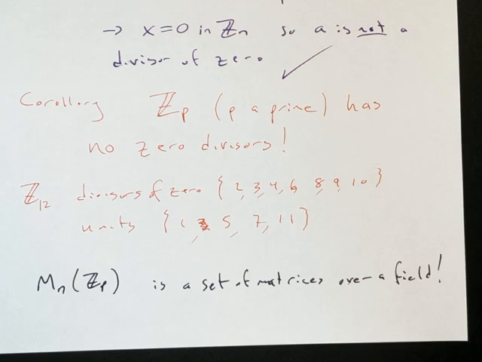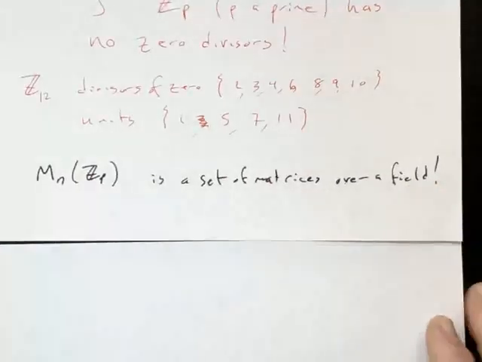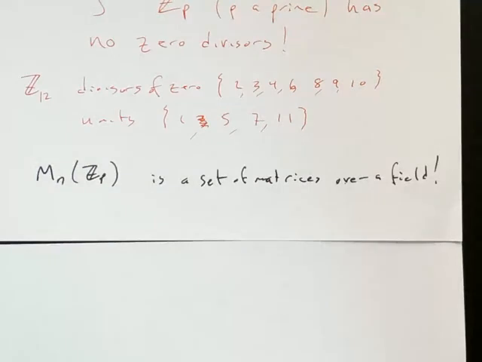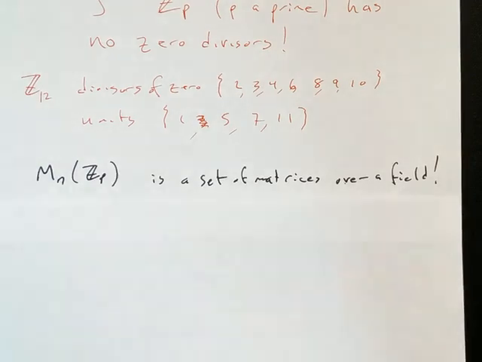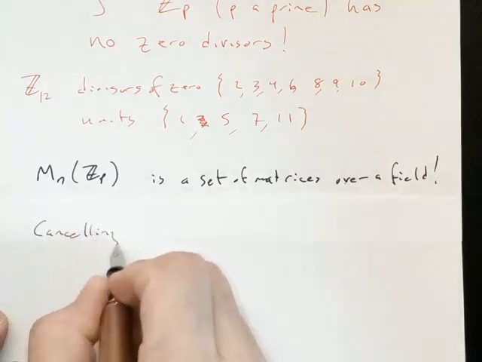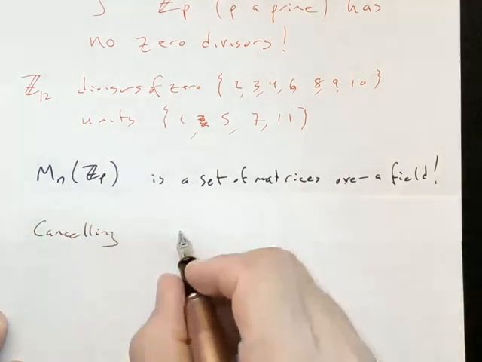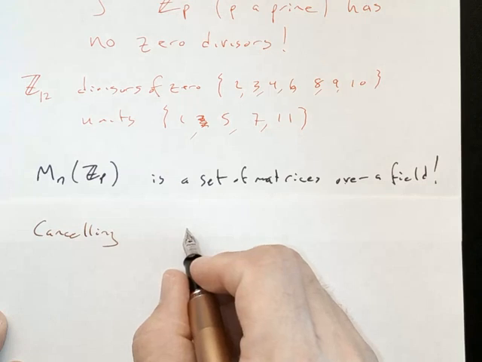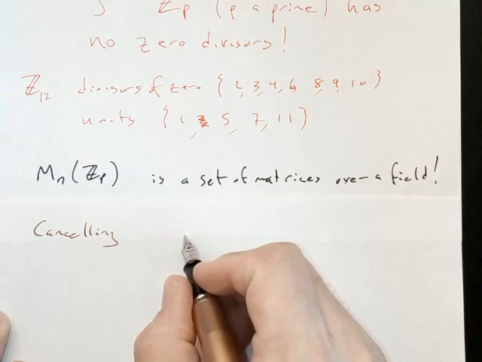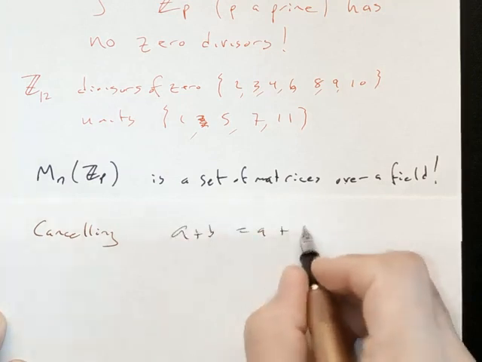All right. I started with the idea of trying to solve equations, right? We were factoring. But the other way to think about that is to think about canceling. Canceling is where you have the same thing on two sides of the equation, right? So I have like a plus b equals a plus c.